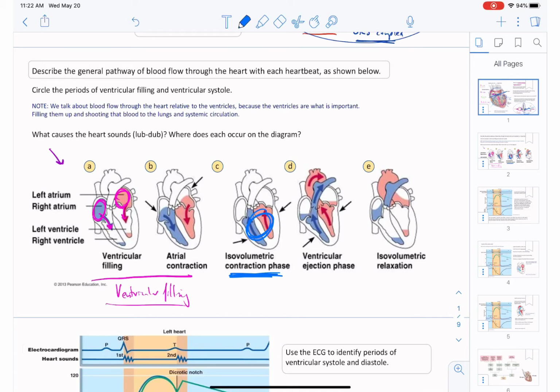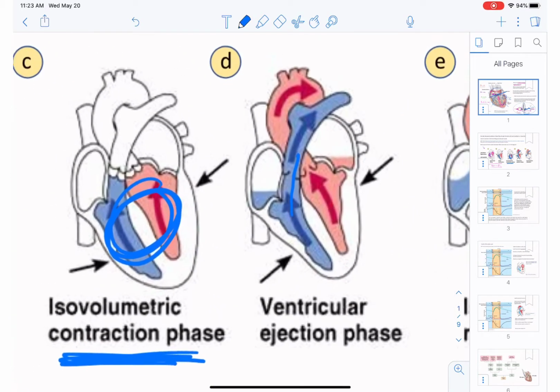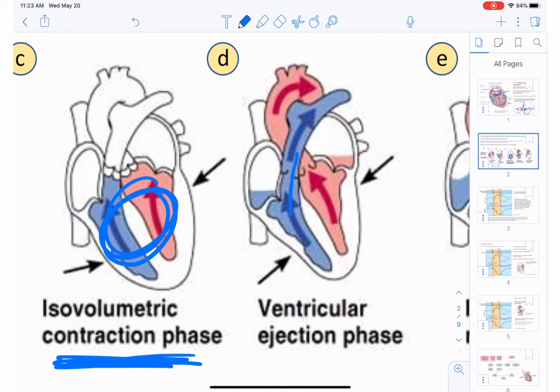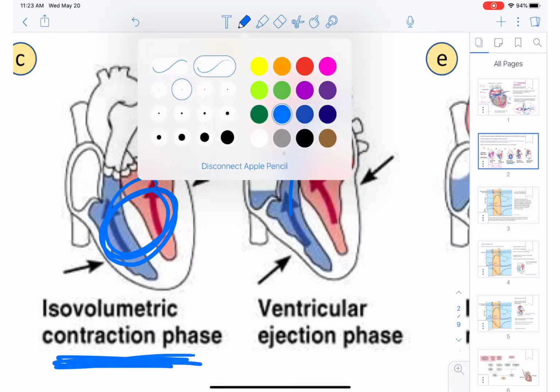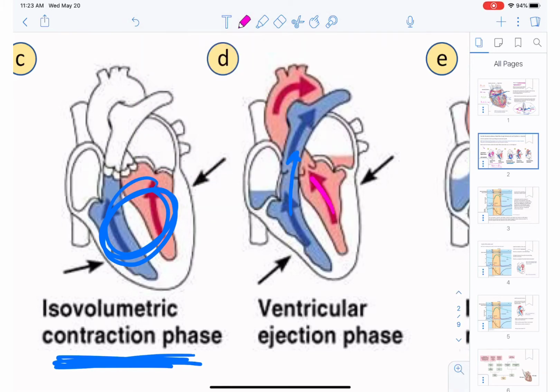This is the beginning of ventricular systole. And when the ventricles contract and pressure in the ventricles goes up, that's going to send blood from the right ventricle up into the pulmonary circuit, and also from the left ventricle out through the systemic circuit.